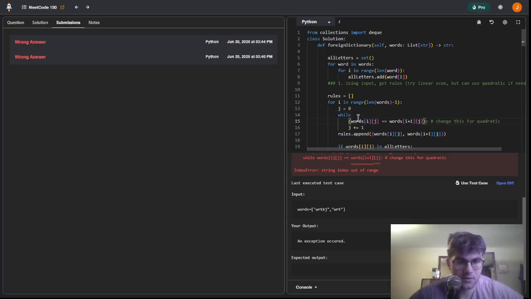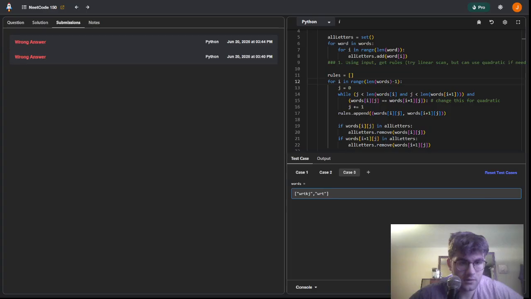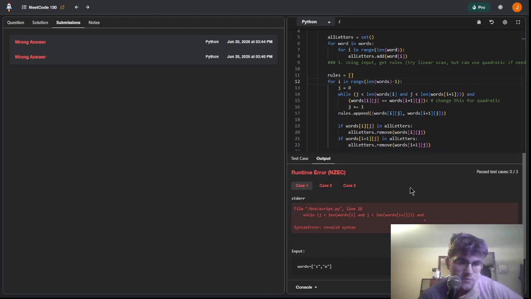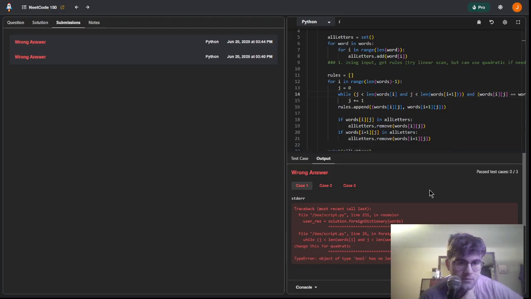So probably say while j is less than length of words of I, and j is less than length words I plus 1, and test case, probably need parentheses. Missing a parenthesis. Length.